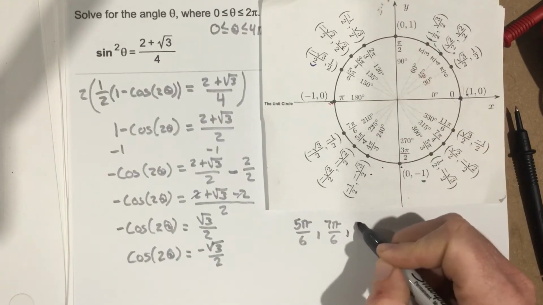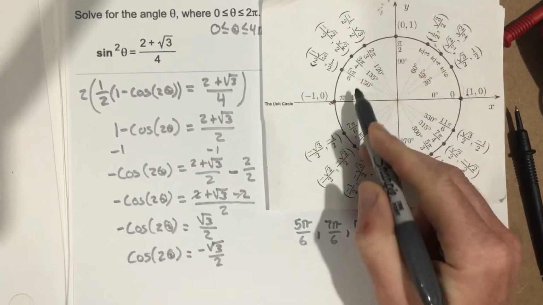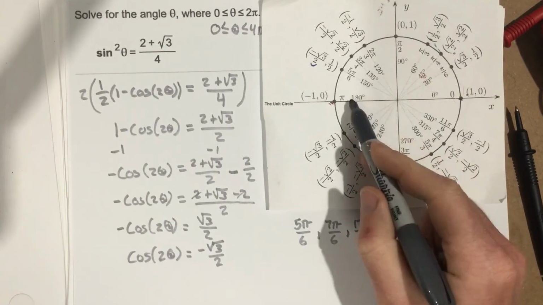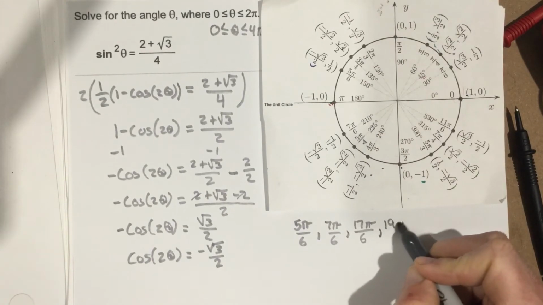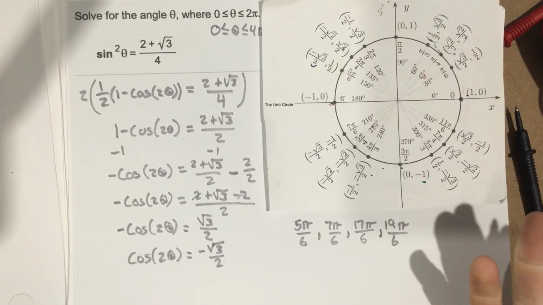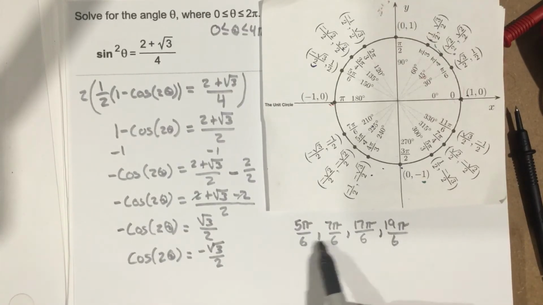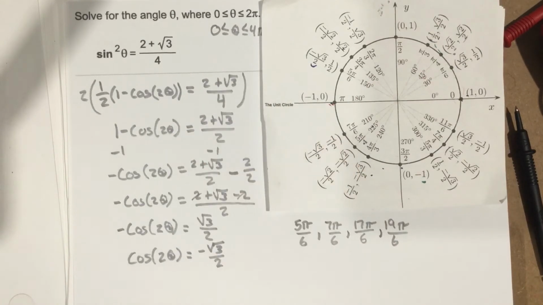So another one would be 17 pi over 6. Basically, I'm taking 7 pi over 6, and I'm also adding 12 pi over 6 to get 19 pi over 6. So this is the range between 0 and 4 pi.